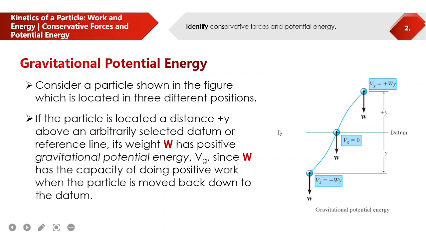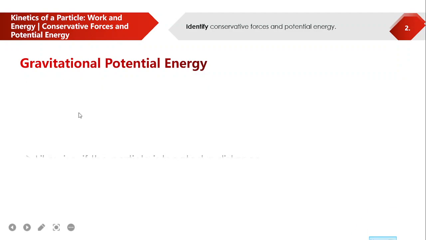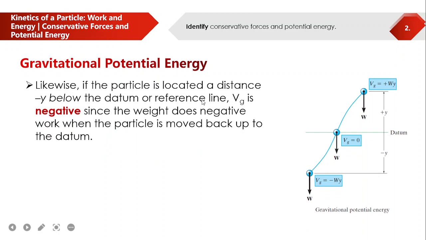Or moving away from your datum line, that will be negative. So, likewise, if the particle is located at a distance negative y below the datum or reference line, V sub G is negative, since the weight does negative work when the particle is moved back up to the datum. Okay?